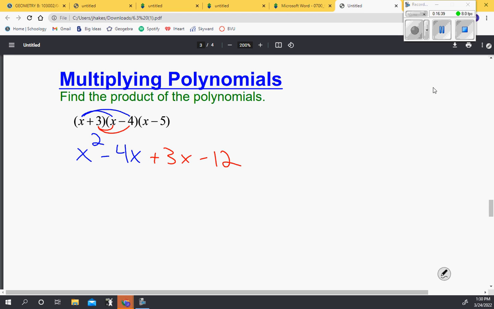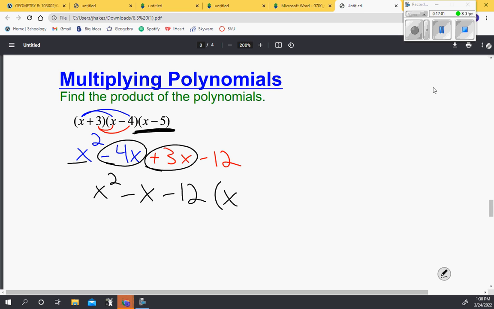Combine like terms. I have an x squared, nothing with it. I have a negative 4x and a positive 3x. That makes a negative x. And then this negative 12 falls down. Not done yet. I still have x minus 5.